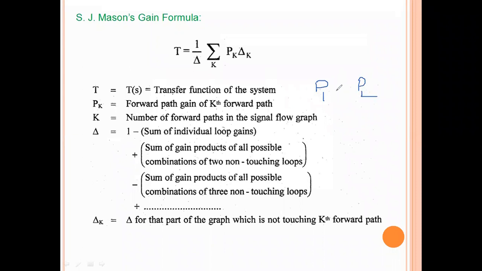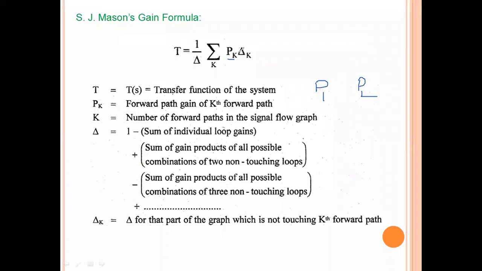P1 is the forward path gain of the first forward path, and P2 is the forward path gain of the second forward path. These are simply represented as Pk here, multiplied by delta k.